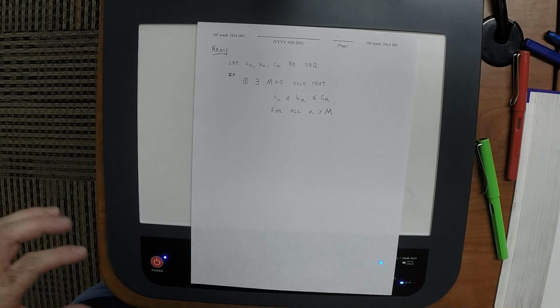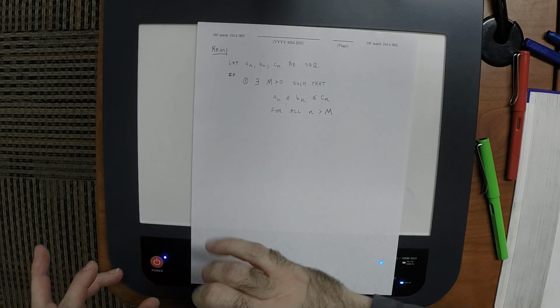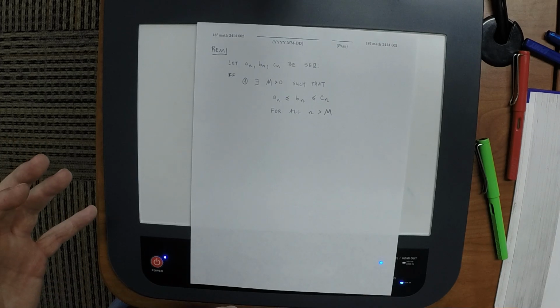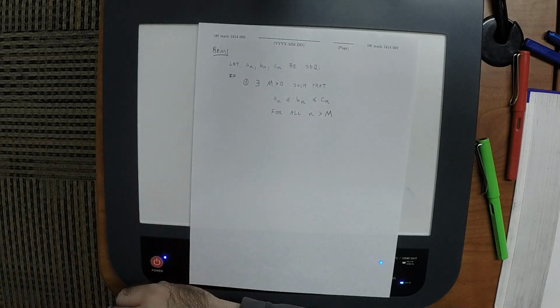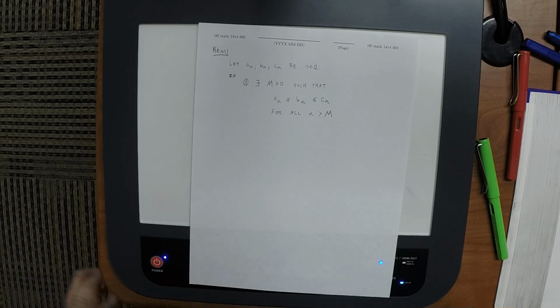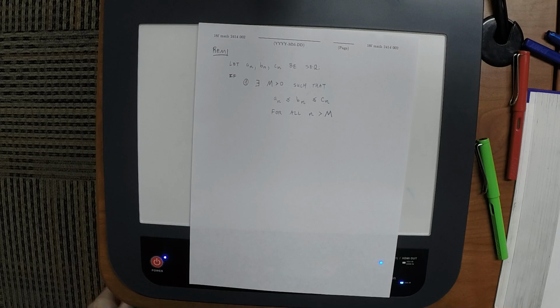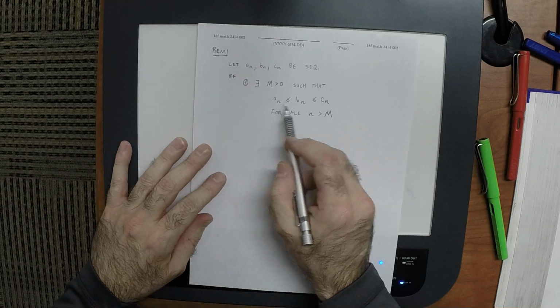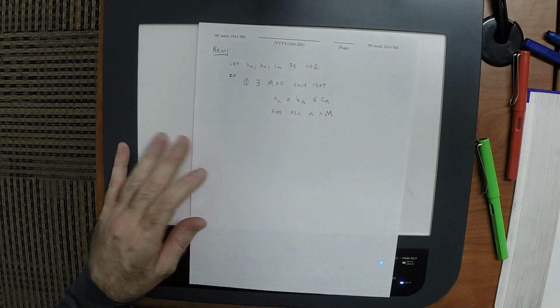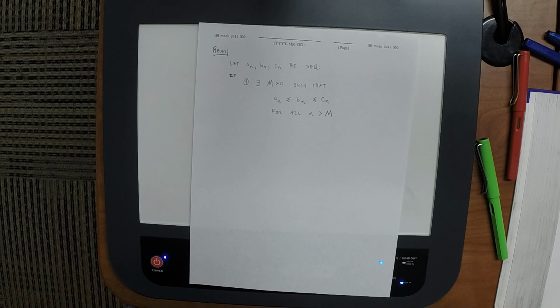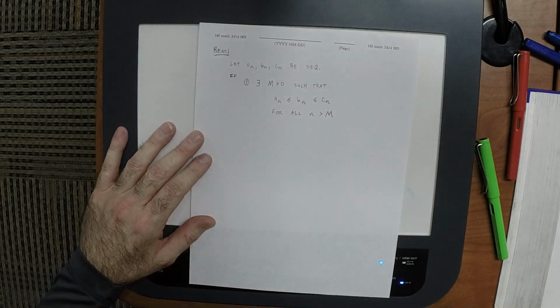And what this first thing is saying is that there's a tail of sequences A, B, and C, such that maybe we have to cut off the first billion terms. We just discard those. But after that, the terms in the sequences are always in that order. So they might be out of order at the beginning, for like maybe the first million years or whatever. But after that, they're in that order.